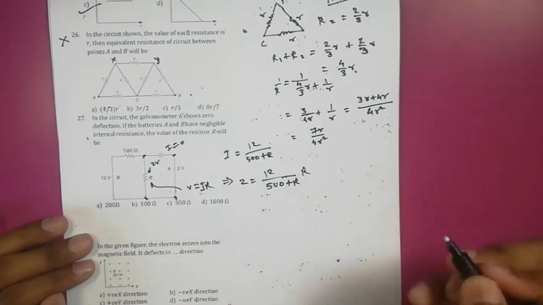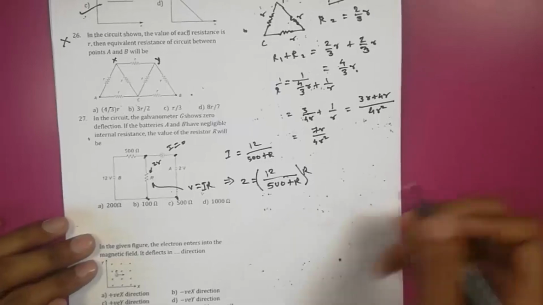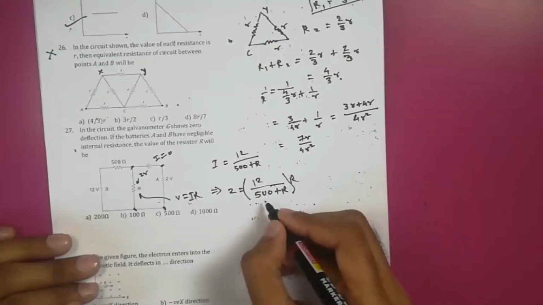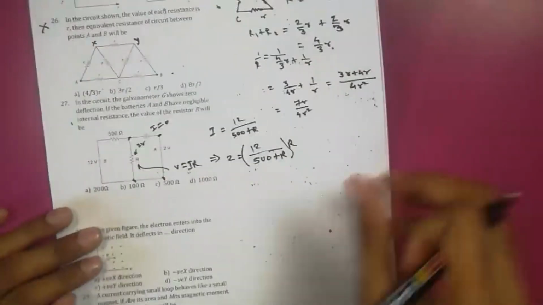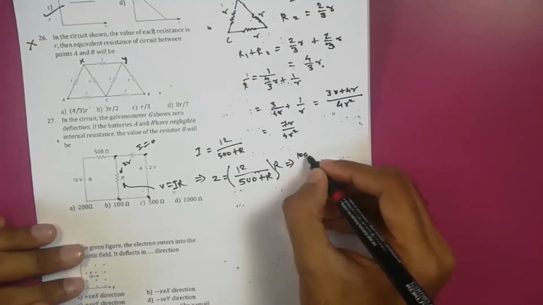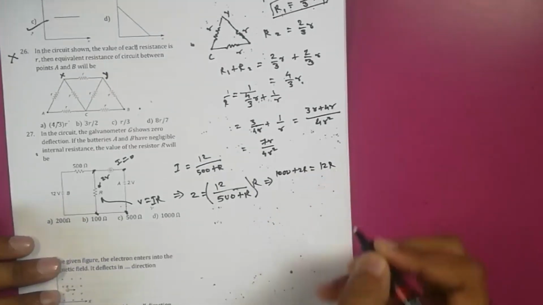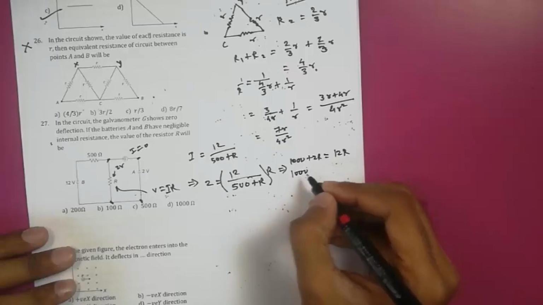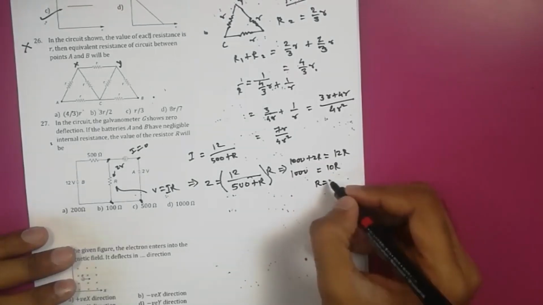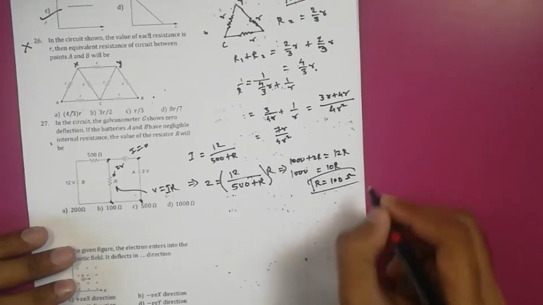Now let's simplify. 12R divided by 500 plus R equals 2. Rearranging, it gives you 1000 plus 2R equals 12R, which gives 1000 equals 10R, so R equals 100 ohm.